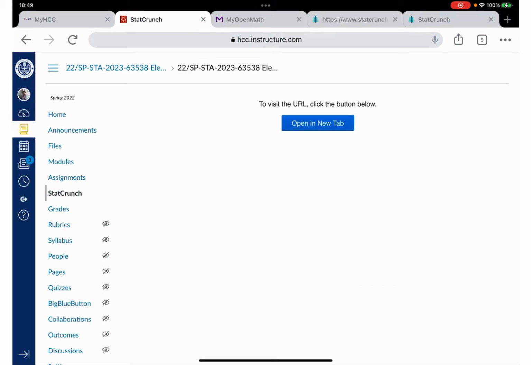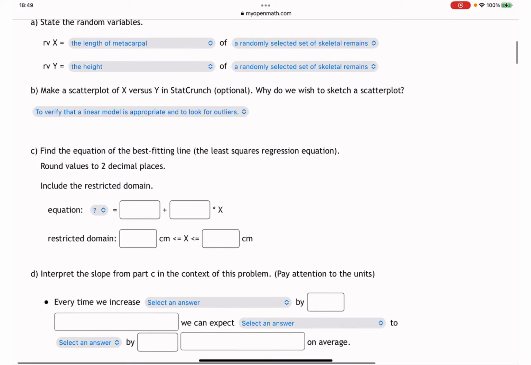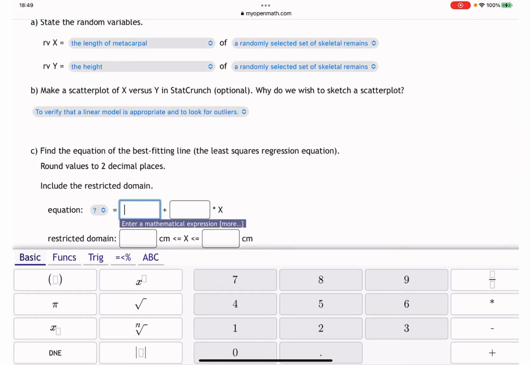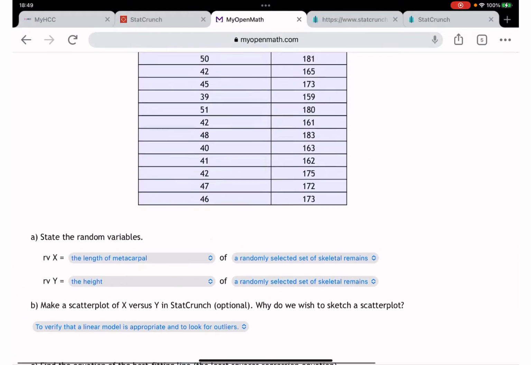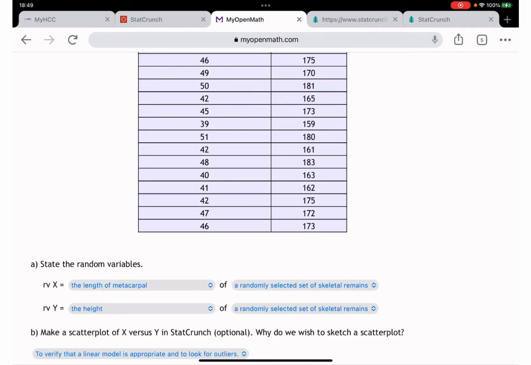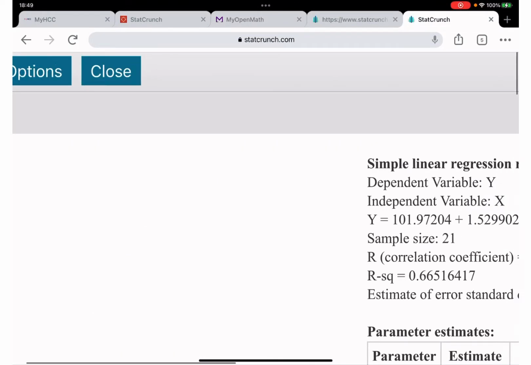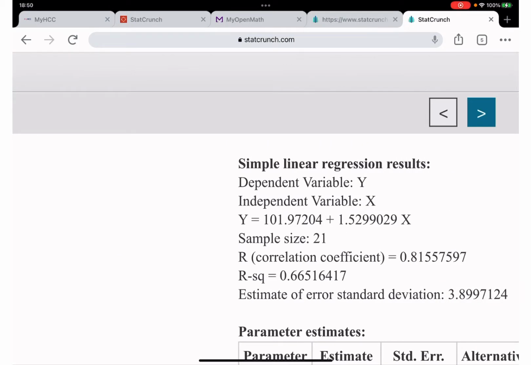I'll round it, no problem. Let me see if I can paste it here. No, I cannot paste it. Okay, let's see. 101.97, and then plus 1.53, right? 1.53.